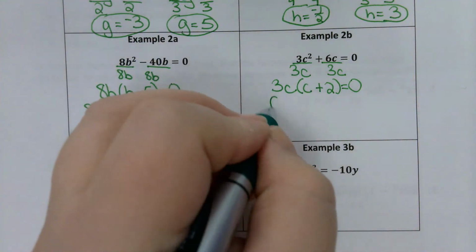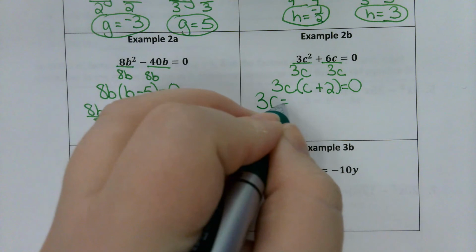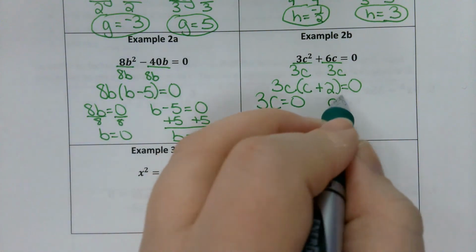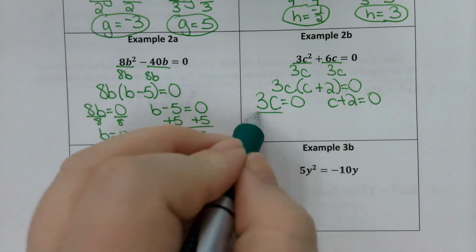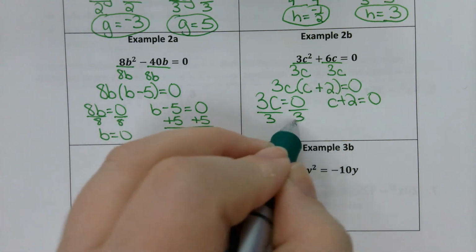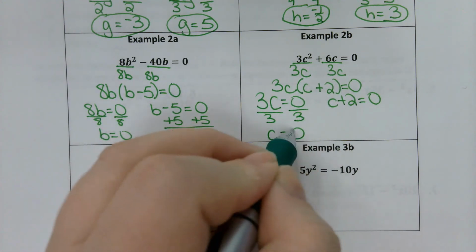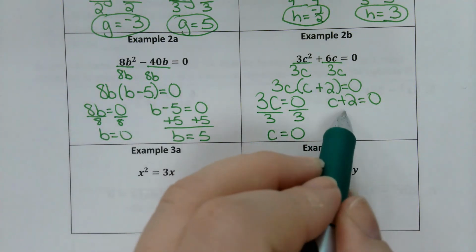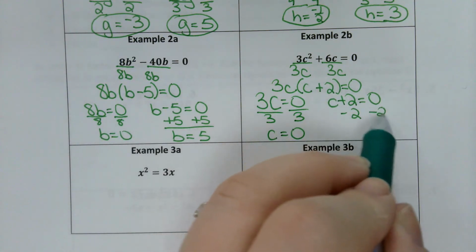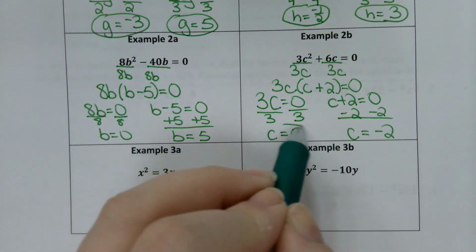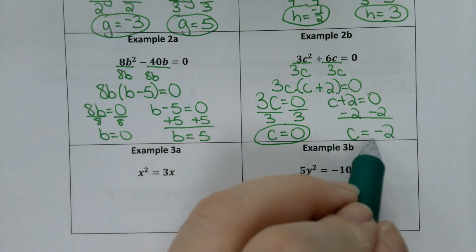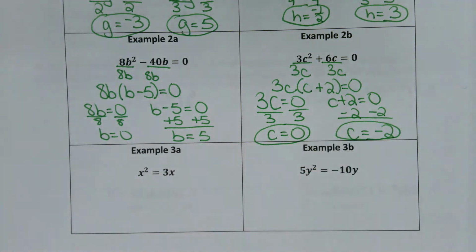So we'll set each factor equal to 0 and solve. Divide by 3 on both sides, giving us c is equal to 0. And finally, we'll need to subtract 2 on both sides, so c is equal to negative 2. Our solutions are c equals 0 and c equals negative 2.